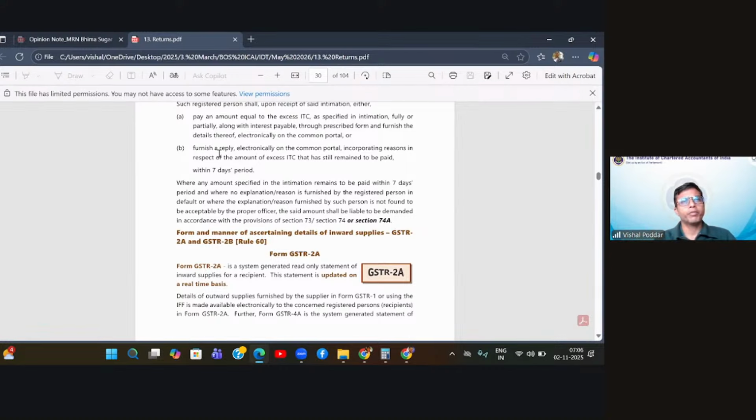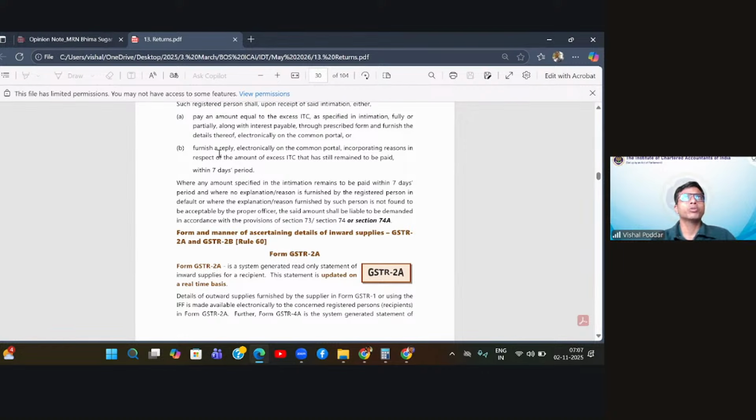And after that, when you regenerate your GSTR 2B, the new GSTR 2B will be as per the details that this IMS or the action that you have taken through this IMS, that will be the new details that will be coming.